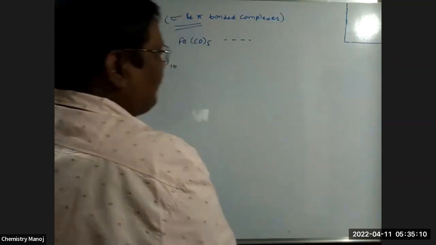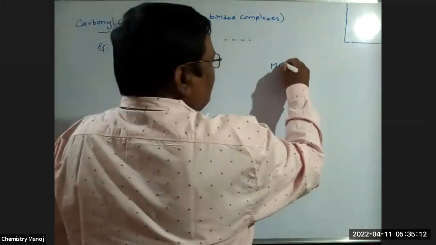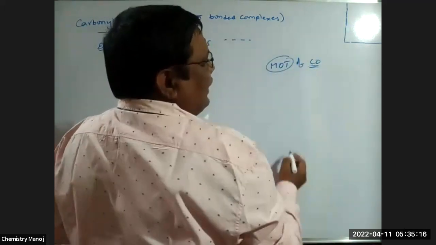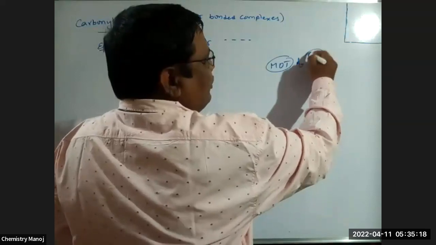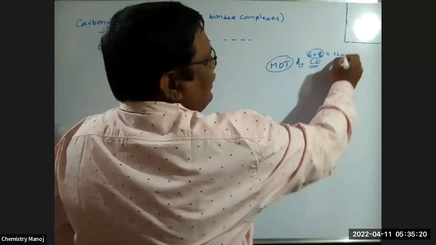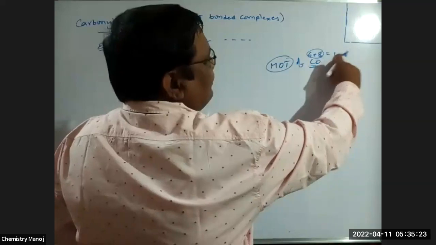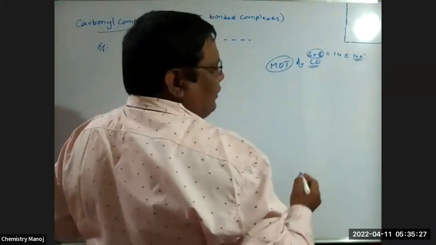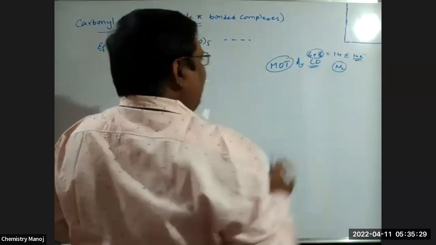In the MO diagram of carbon monoxide, how many electrons are here? Carbon 6, oxygen 8, a total of 14 electrons. That means a less than or equal to 14 electron system, so it follows the N2 diagram. Am I correct or wrong?